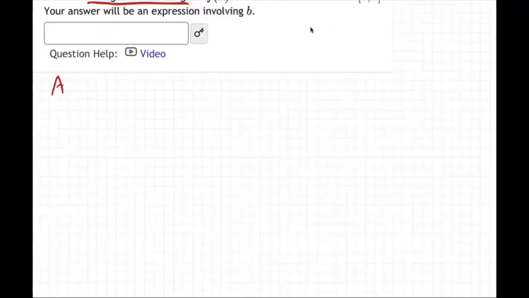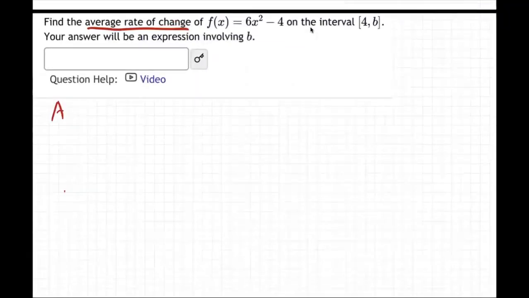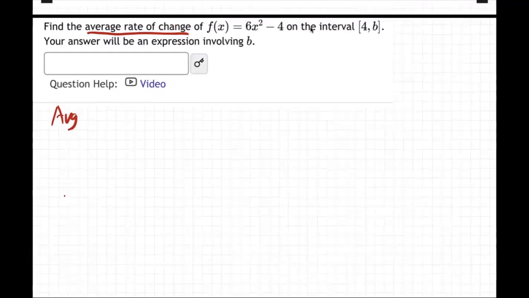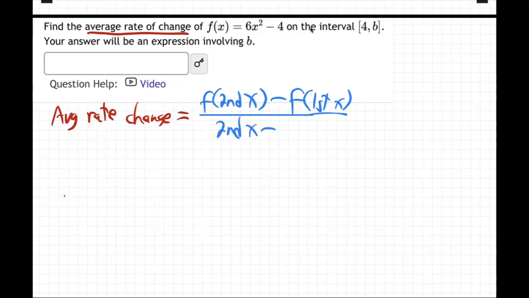So average rate of change equals a fraction here: f of the second x minus f of the first x, over second x minus first x.